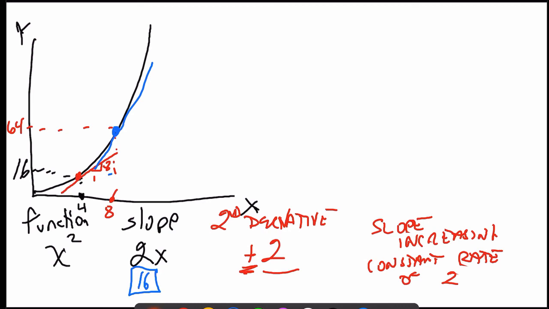We've gone out 4, and the slope has gone up by 8. 2 times 4. It's so beautiful. Everything is beautiful in its own way.